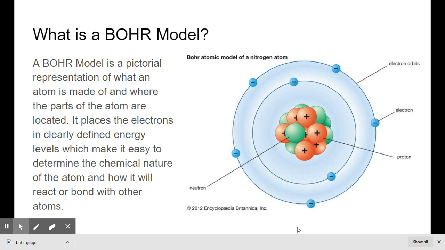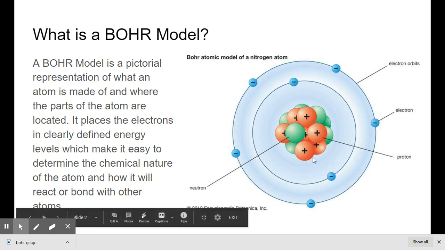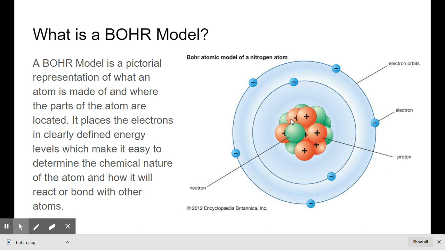What is it about the atom that could tell you exactly what element on the periodic table this one represents? If you look at the number of protons in the picture, we can count them: one, two, three hidden back here, four, five, six, and seven. So this atom has seven protons.